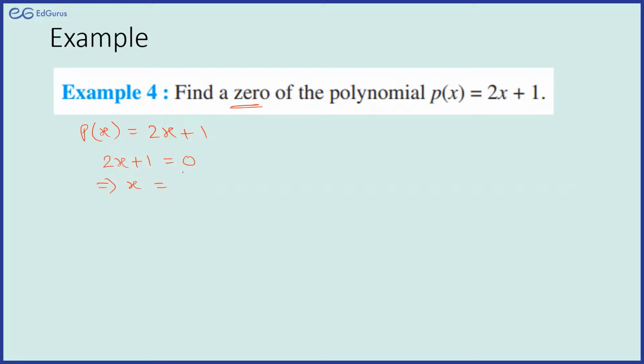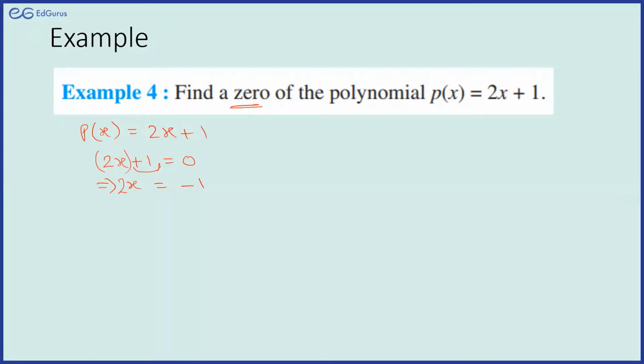2x plus 1 equal to 0, what is the value of x? 3x is equal to 0. No, 2x plus 1. So we take plus 1 to the other side, right? So 2x is equal to minus 1. Where did 3x come from? This is 2x. 2 is multiplying only x.